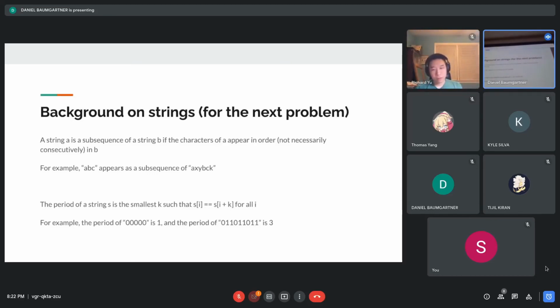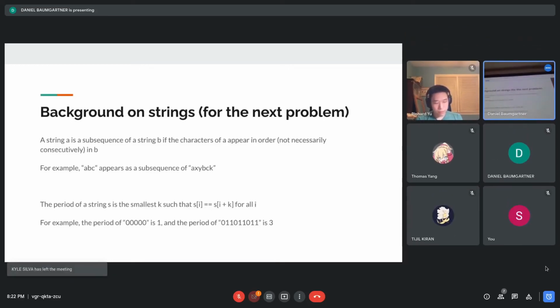And the next definition is a period. So a period is going to be, in a hand wavy way, what you expect. So here's the more numerical definition. Basically, a string has a period k if for every character with index i, it is the same as the character at index i plus k. So that's the length of the period.